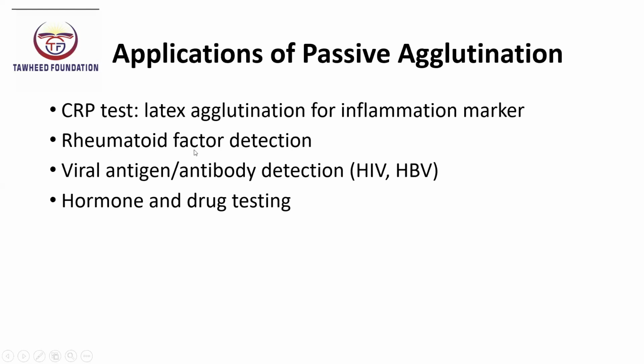Detection of rheumatoid factor, that is RF, in rheumatoid arthritis is done using latex particle agglutination, and it is also applied in viral antigen or antibody detection such as in HIV and hepatitis B virus testing. Certain hormones and drugs can be detected or quantified by passive agglutination formats because of its high sensitivity and simplicity. This technique is widely used in modern serological testing.